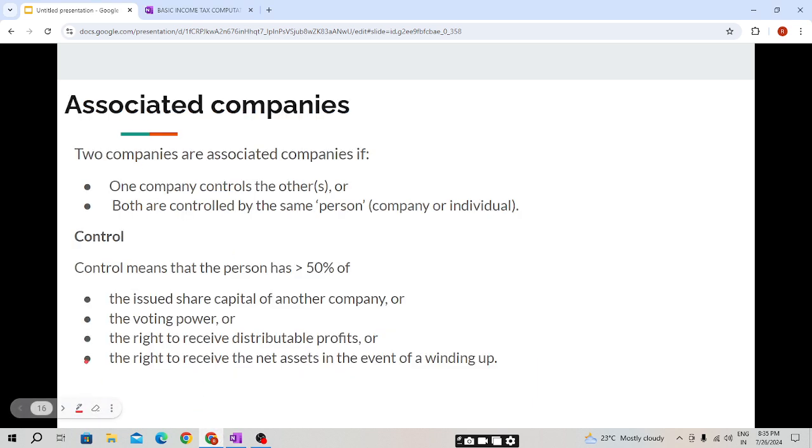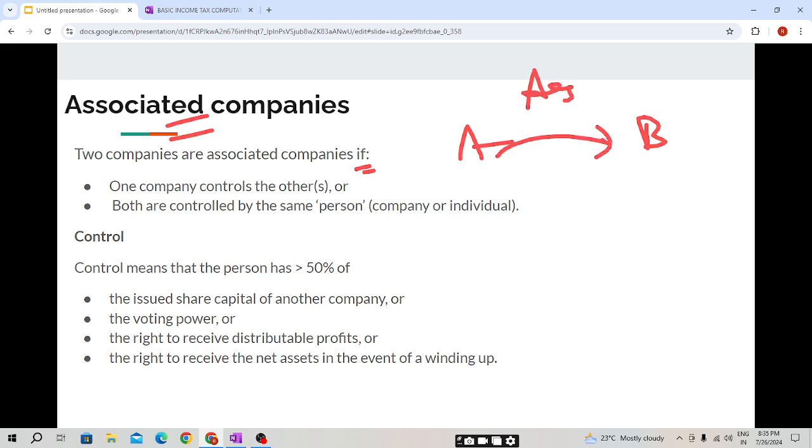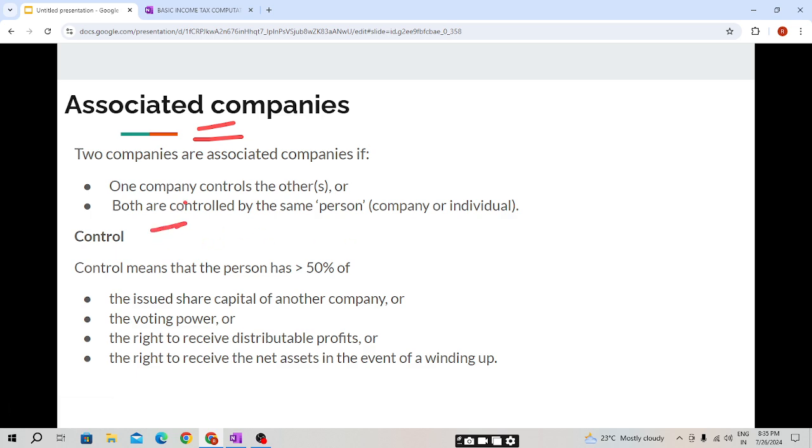In associated companies, 2 companies are associated companies if one company controls the other. So company A and company B are associated if one company controls the other or both are controlled by the same person. If either A controls B or A and B are controlled by C or some other person. So students, associated company means one company controls the other or both the companies are controlled by the same person, that is company or individual.